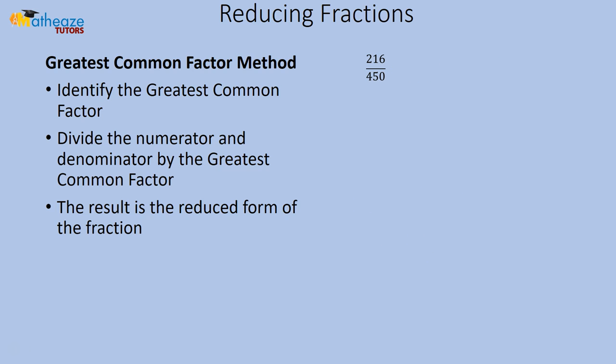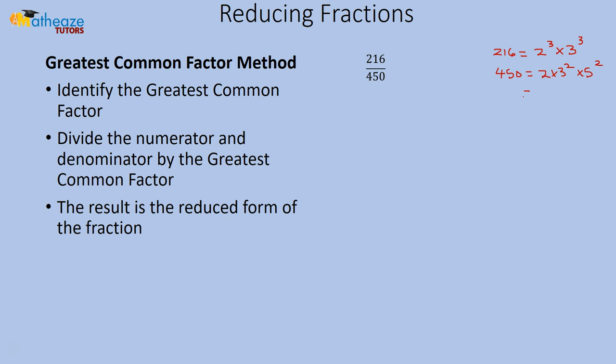Now let's take a look at this set of numbers here. So the first step is we're going to look for the greatest common factor of 216 and 450. So 216 is going to give us 2 to the third power times 3 to the third power. 450 is going to give us 2 times 3 squared times 5 squared.